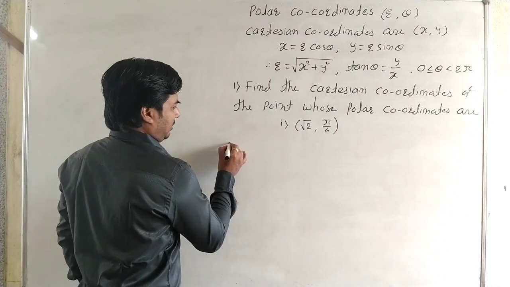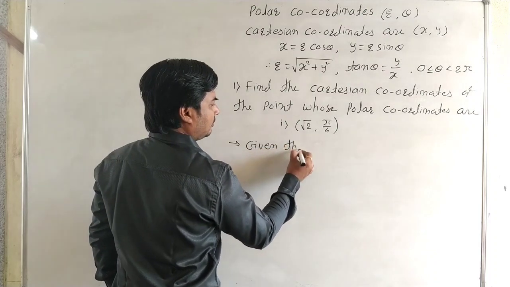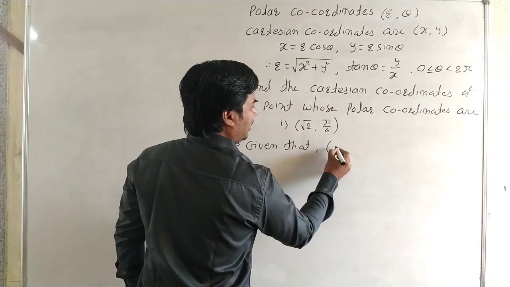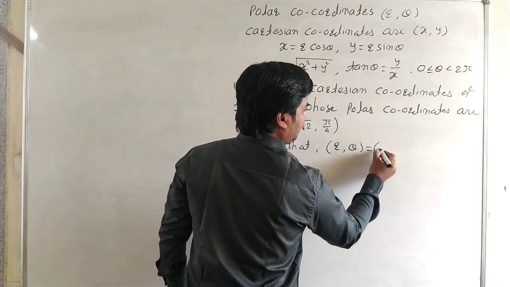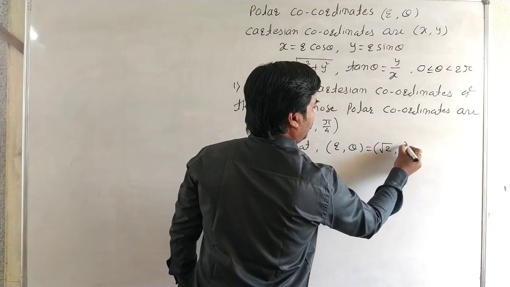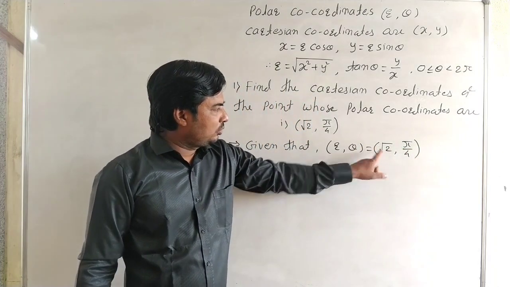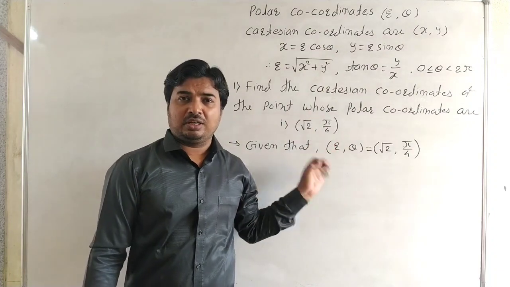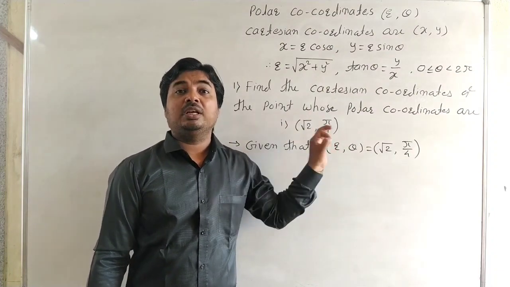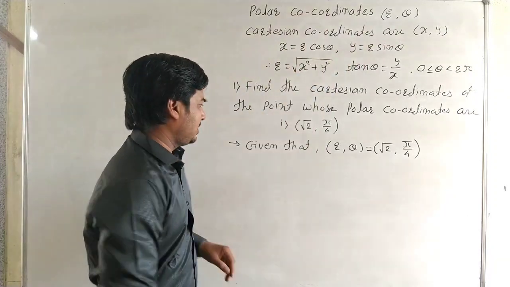Here given that the polar coordinate r comma theta is equal to under root 2 comma pi by 4. That means r is equal to under root 2 and theta is equal to pi by 4. We want to find the Cartesian coordinate, that means the value of x and y, where x is equal to r cos theta and y is equal to r sin theta.